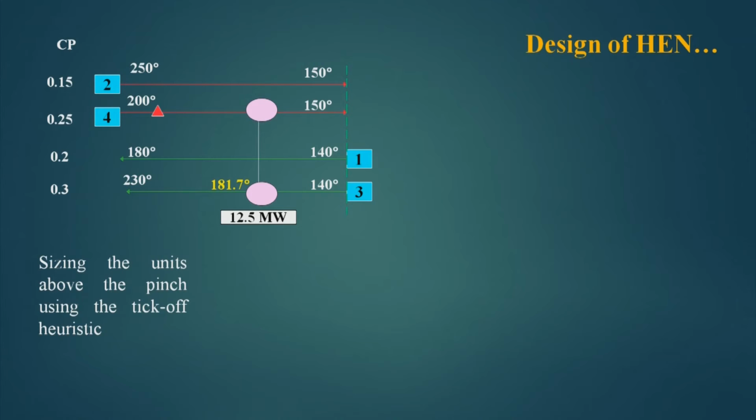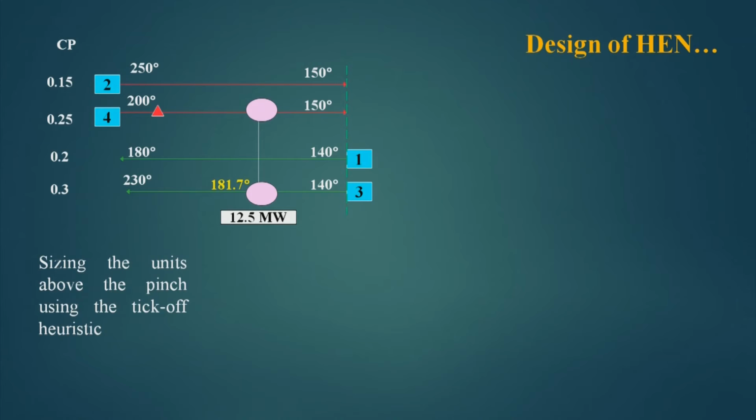And the cold stream, which is 3, is ready to take 27 megawatts. So, the total heat available with number 4 stream can be given to number 3 stream, it can take, so that the 4th number stream is ticked off.